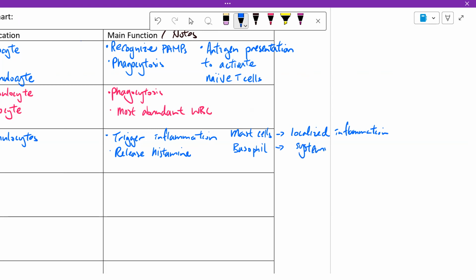Bodily. So the mast cell secrete the thromboplastin and this will secrete... No, histamine. They both secrete histamine. Yeah, they both secrete histamine.